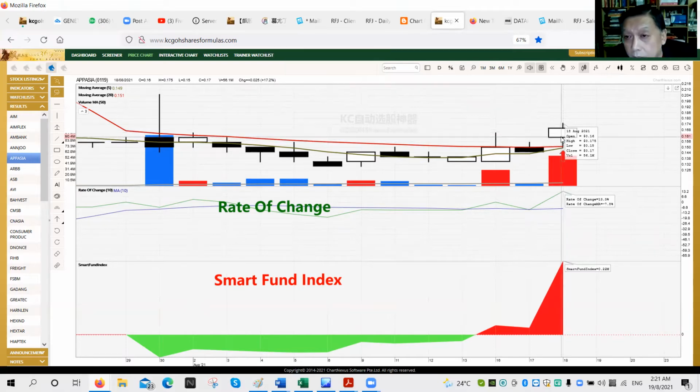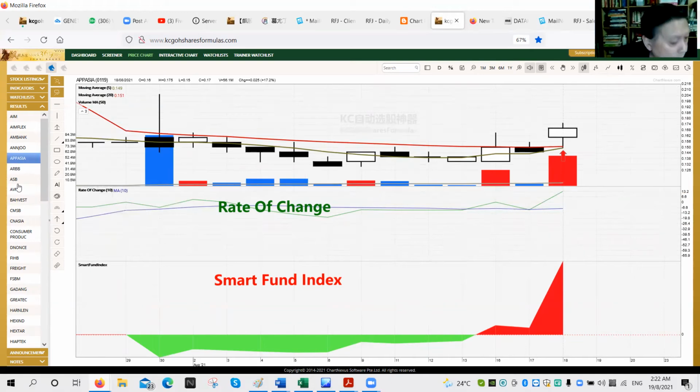Okay, today it closed at 0.17. So the entry price for you could be 0.17 or 0.175, depending on tomorrow morning's opening. So this is for APP Asia.